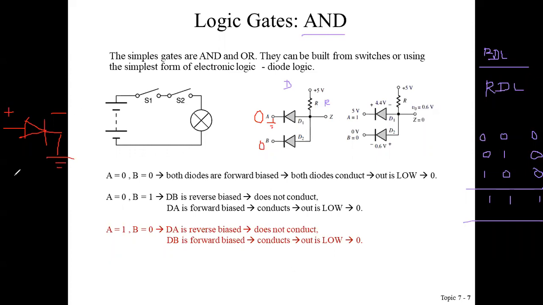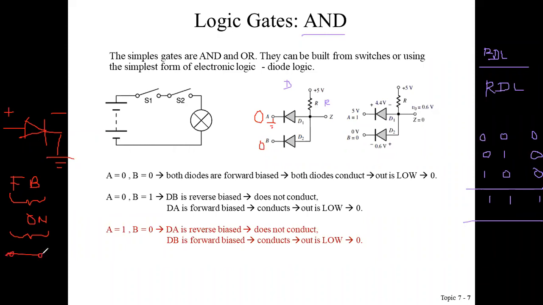What will happen? Now the diode is under forward bias condition. It means it acts as an on switch. On switch means a short circuited condition.